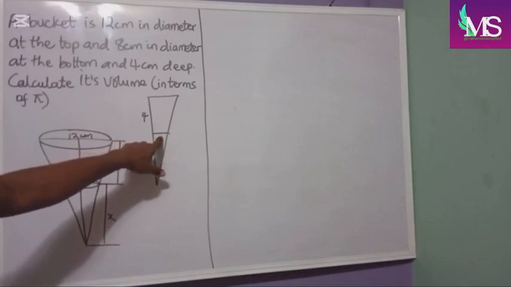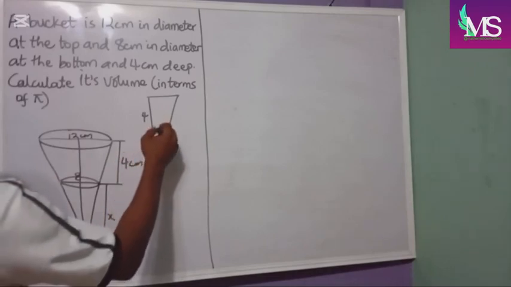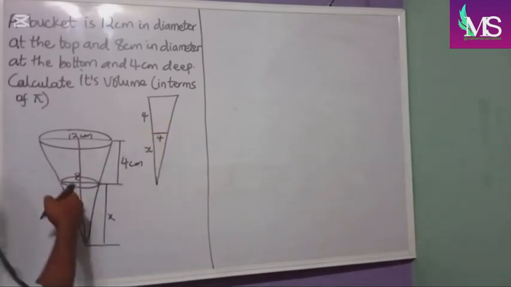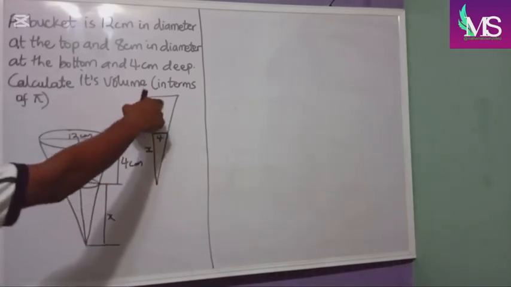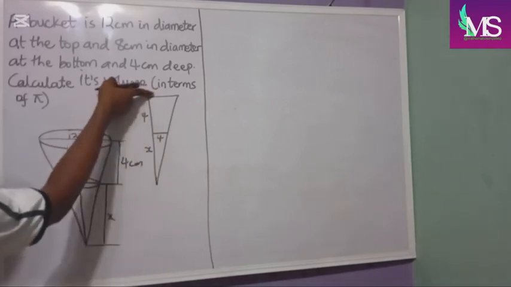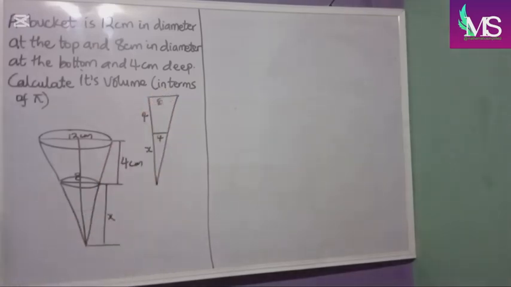If you know the answer, put it in the comment section. Now, this point is going to give us 4. 8 divided by 2 is 4. Now, what will this point be? Our radius here will become 6. Why? 12 divided by 2 will give us 6.